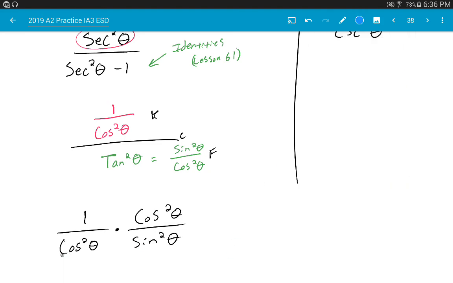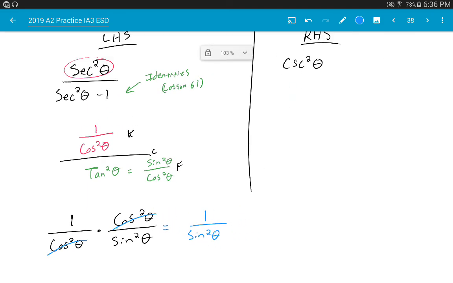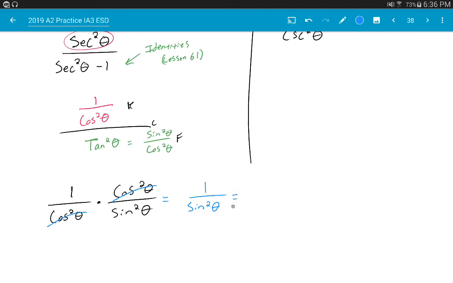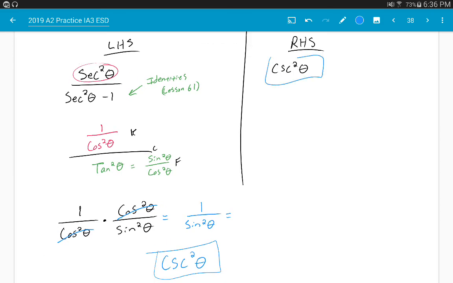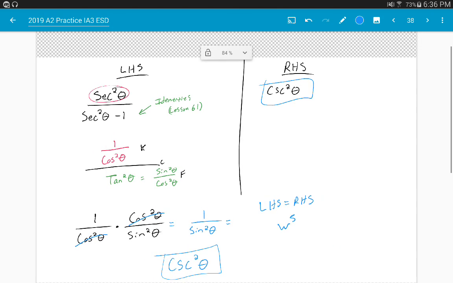Once I have it like this, same thing top and bottom can cross out, and I'm going to get 1 over sine squared theta, which is, by definition, cosecant squared theta. That's what cosecant is. It's 1 over sine. And now the left-hand side is equal to the right-hand side, which was what we wanted. That's a full proof.